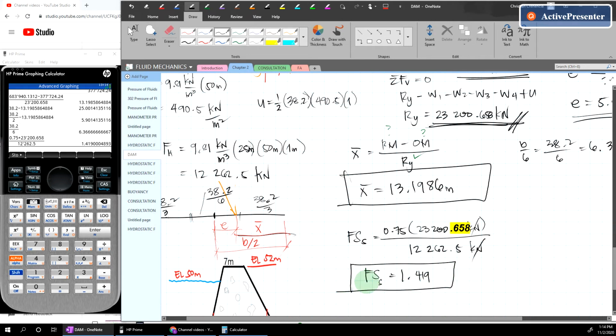So this is yung dam natin is safe against sliding kasi ito yung ating friction force, then ito yung ating horizontal force FH. So mas malaki yung friction kaysa dito sa tumutulak dun sa dam.